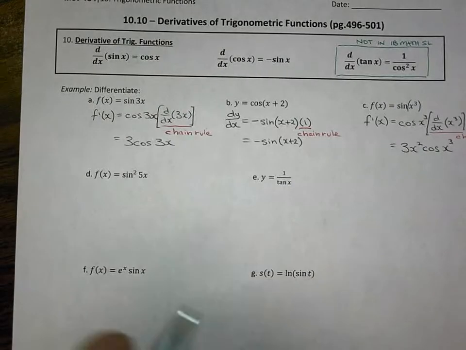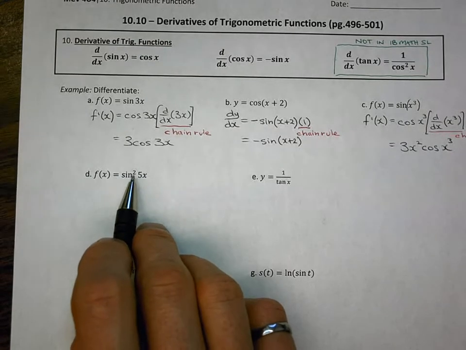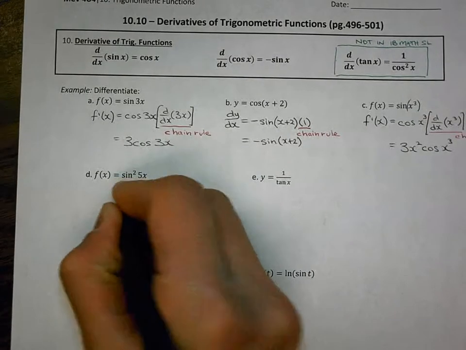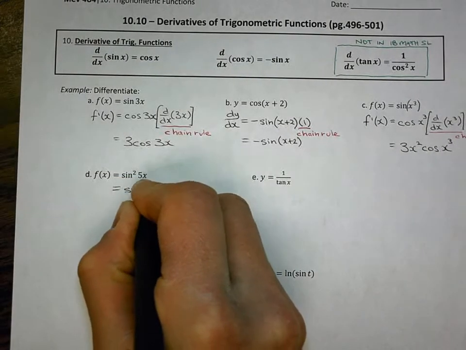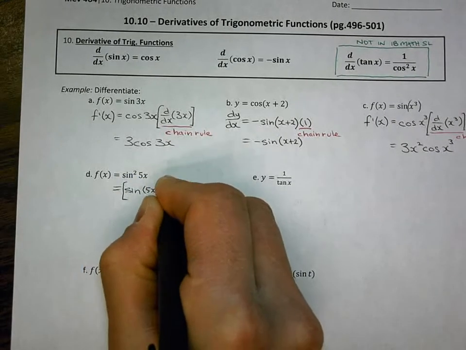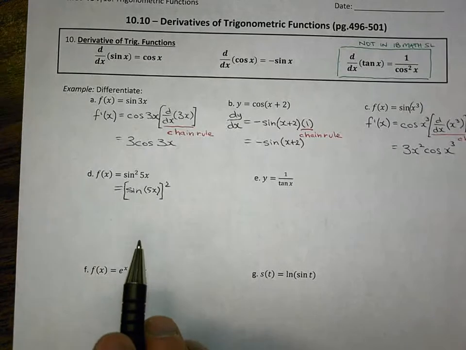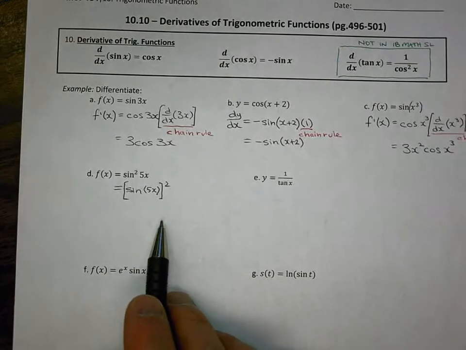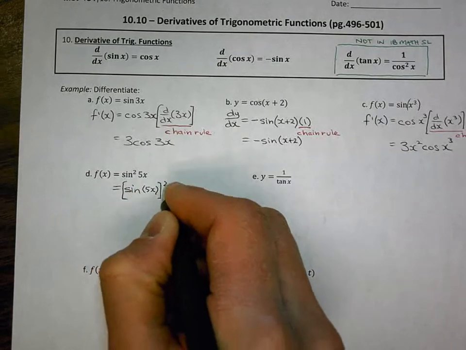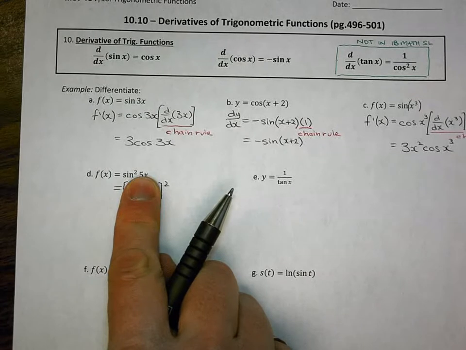Okay, next question. I have sine squared 5x. What does sine squared mean here? This is something we get used to writing, but what it really means is sine 5x, and then that whole thing squared. So be careful, and I'd recommend writing the question out like that. It'll make sure you don't make any foolish error. Now if I ask you for the derivative, I actually have a function of something squared.